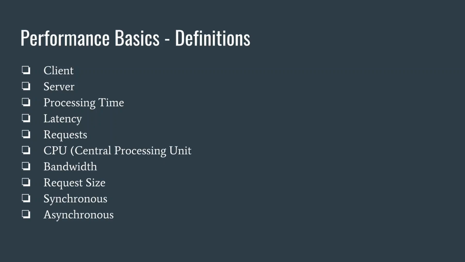The next thing is CPU, which stands for Central Processing Unit. This is like the engine of your machine or the engine of your computer. This is a fixed amount based upon the device that you're on, so you have a ceiling, you only have a finite amount of power to be able to do things on the machine. And it can only handle so much at one time. So that processing time, for example, is directly affected by the CPU.